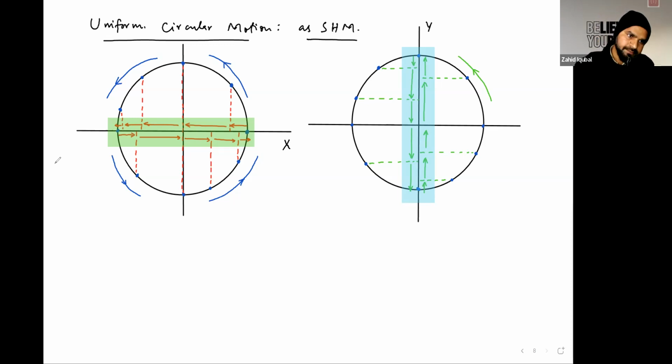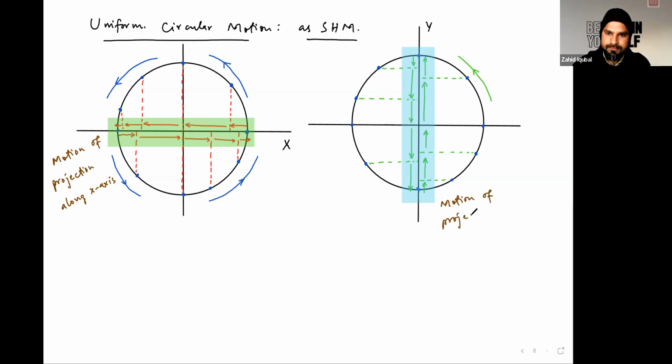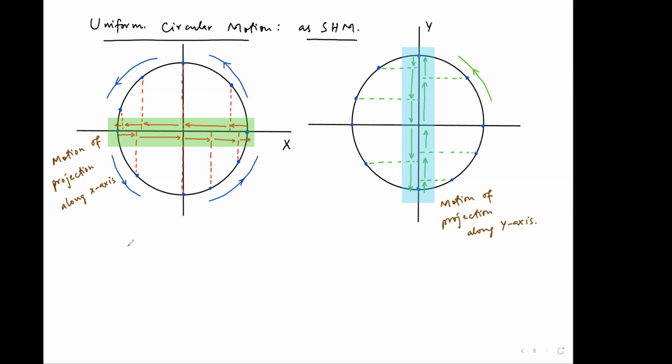So in this part, this is the motion of projection along the x-axis, and this part, this is the motion of projection along the y-axis. Fatima, any doubt? No, sir.